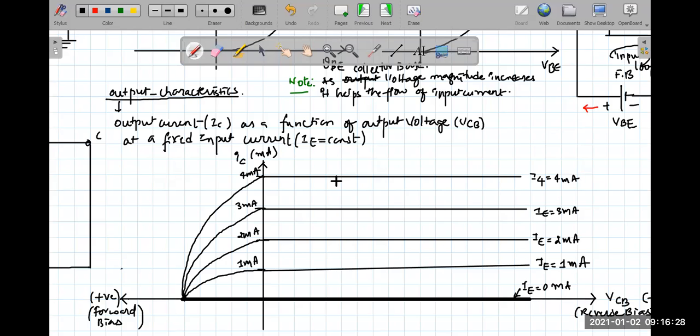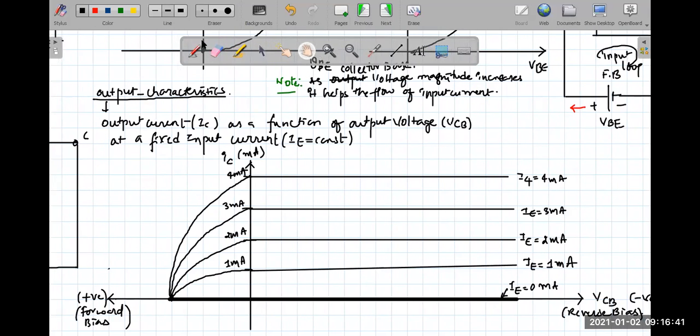So whenever you see IE is 0, IE is equal to 1 milliampere, 2 milliampere, 3 milliampere, that means is the input forward biased or reverse biased? In this direction, what is happening to input? In this case, input is forward biased.